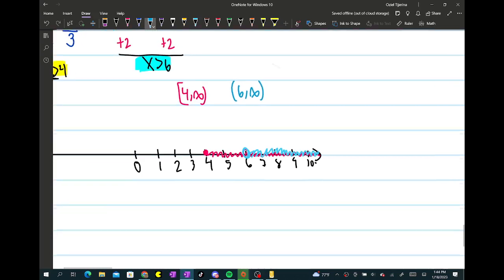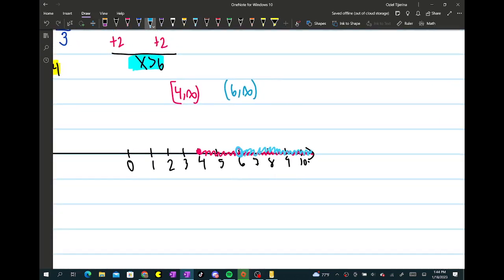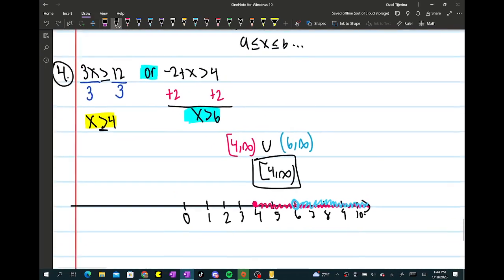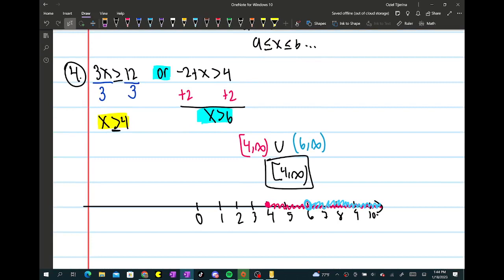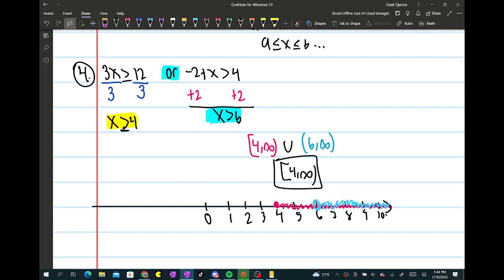So if I actually intersect both of these, like if I make them into a union, then my real answer will be from 4 to infinity, because this one includes 6, and that's basically going to be the answer.